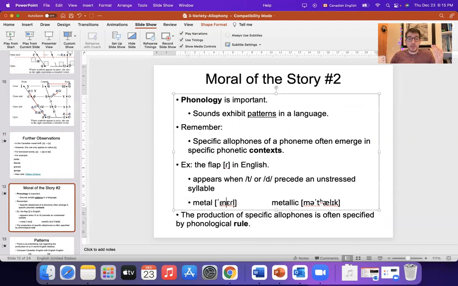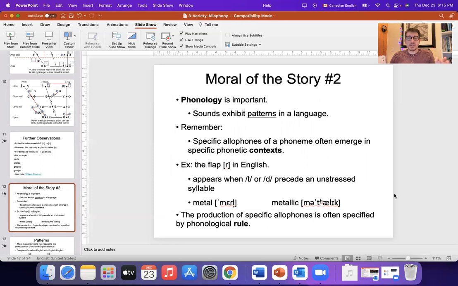For example, metal, when the first syllable is stressed, then the flap will be realized, and there will be usually this syllabic l. Then there is metallic, where the first syllable is unstressed, and metallic will be realized with an aspirated t. So these are governed by phonological rules, and that's why we have to be aware of phonology.